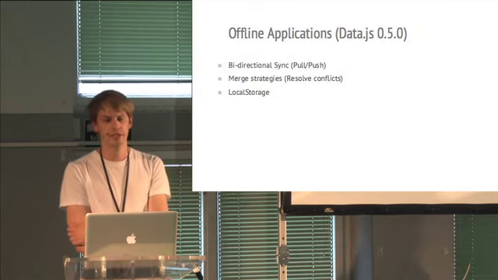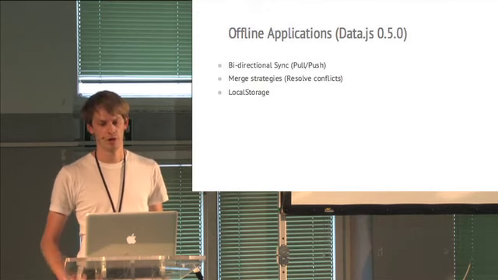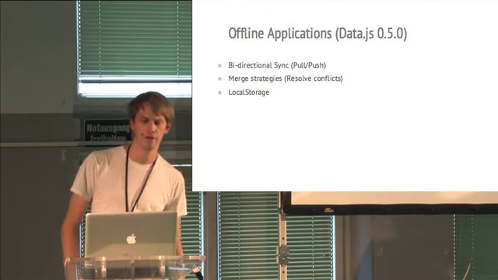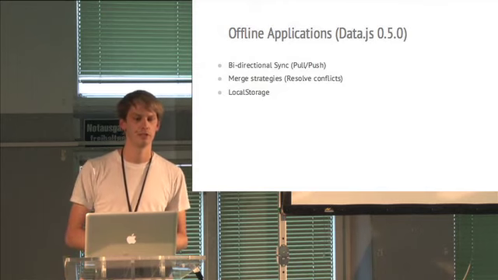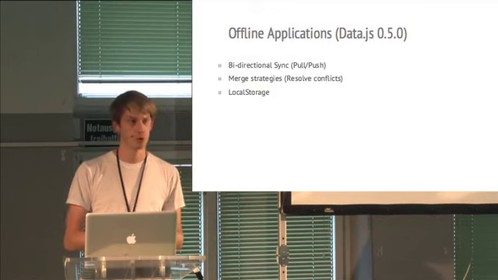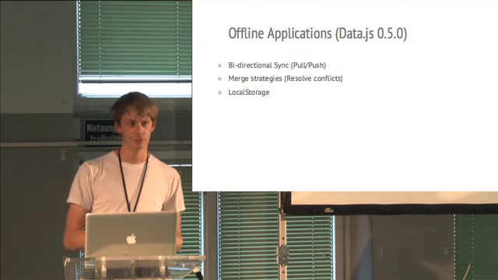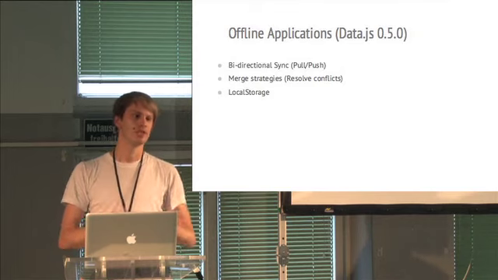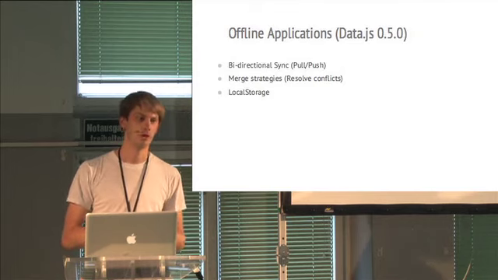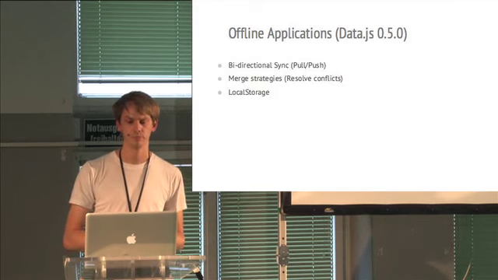The next release of Data.js is dedicated to offline applications. So with Data.js 0.5, there will be the feature of bidirectional sync. We're going to use a pull-push approach here, so that if you have your local graph data structure, as soon as you click sync, you get back updates that have happened on the server in the meantime.